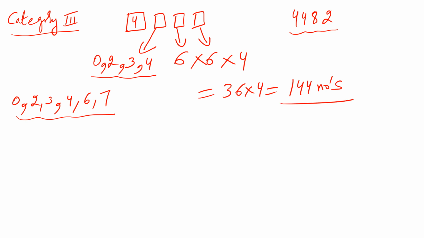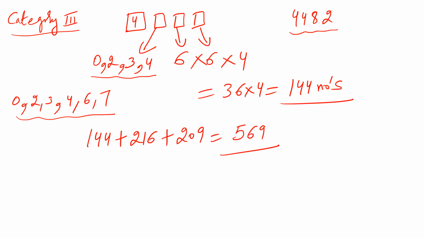I have used fundamental principle of counting. Now let's count all of them. We'll be having 144 plus 216 plus 209. So this comes out to be 569. So this is the correct answer.